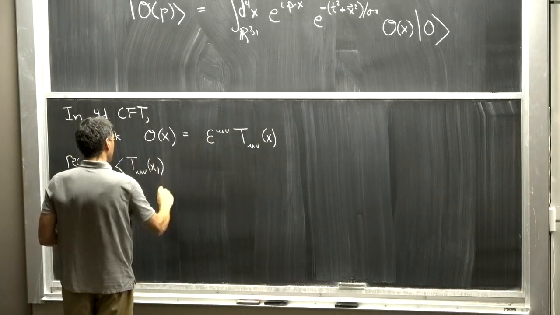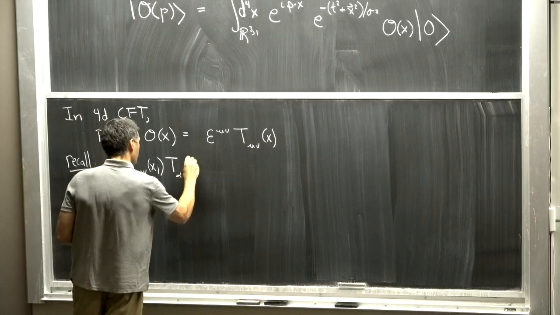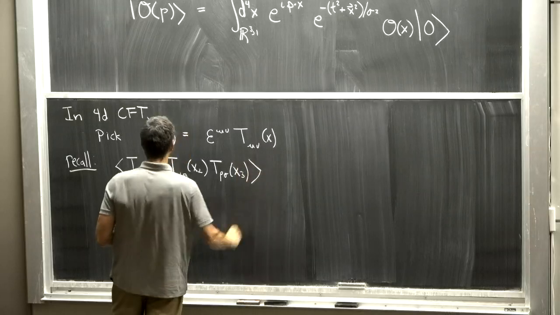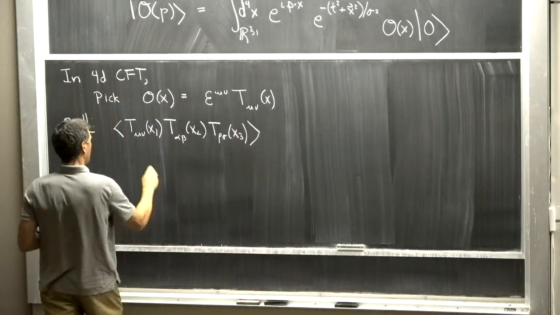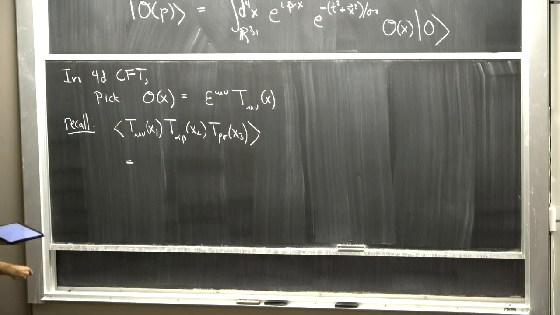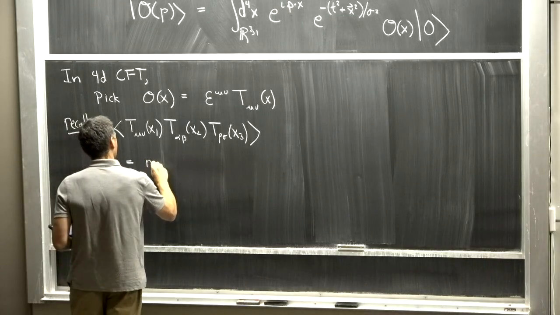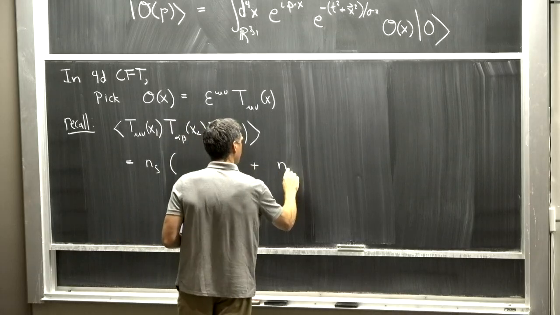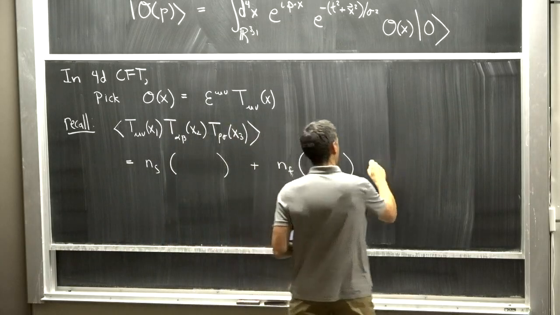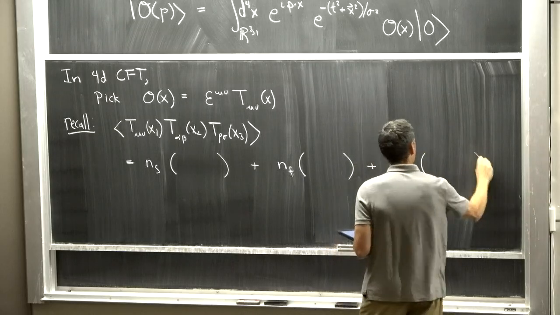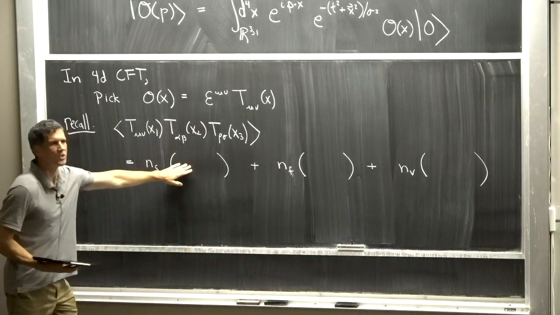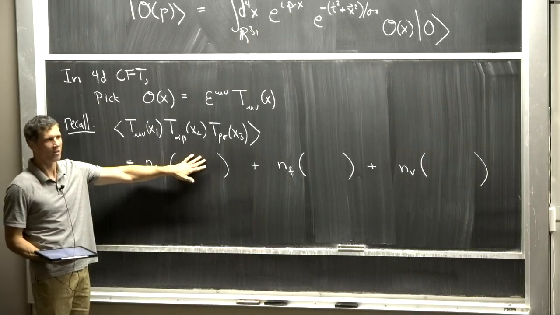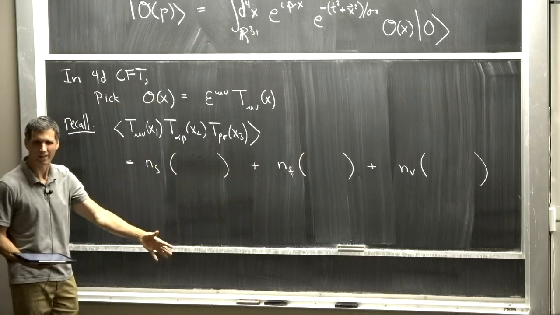And in a 4-dimensional CFT, that's almost a completely known function. So T mu nu of x1, T alpha beta of x2, T rho sigma of x3 is equal to some unknown coefficients, which I'll call NS, NF, and NV, times some known functions that you can calculate, for example, using the embedding formalism, although that wasn't the first way they were calculated, it's definitely the easiest way to calculate them.